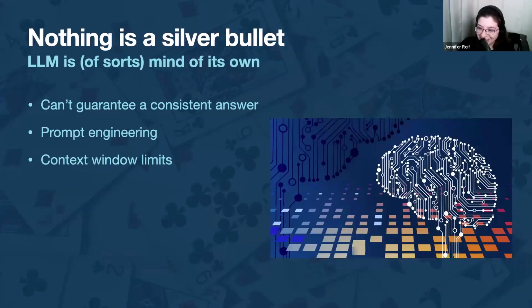Okay, now, caveat here, nothing's going to be a silver bullet. The LLM is still kind of a mind of its own, so you're not going to be completely definitive and consistent. It'll still generate some odd things here and there. You'll have to do some prompt engineering if you're using prompts, so you'll have to kind of coerce it and guide it into the right type of response.